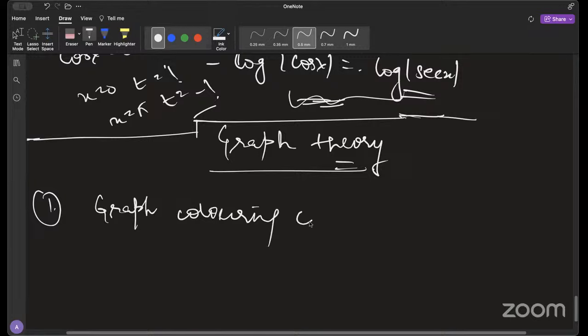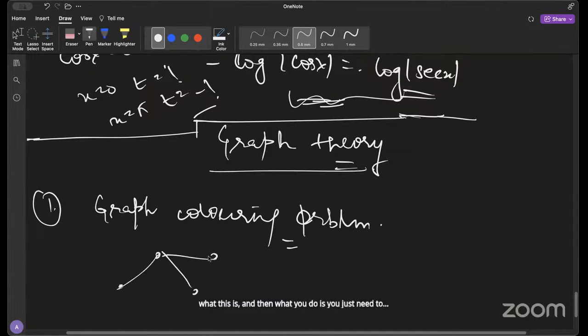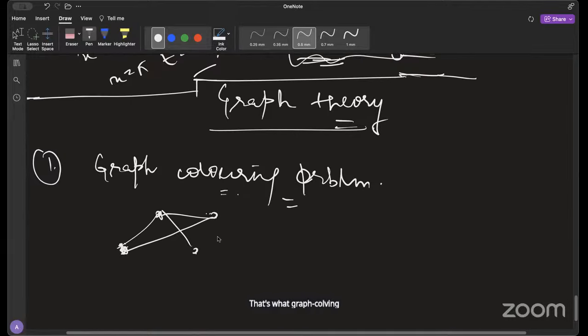In the graph coloring problem, you have been given vertices, and looking at the graph, you just need to decide the minimum number of colors that you can use to fill these vertices such that no two adjacent vertices have the same color. That's what the graph coloring problem is essentially. So I'll just repeat it. You just color these vertices in such a manner that no two adjacent vertices have the same color.